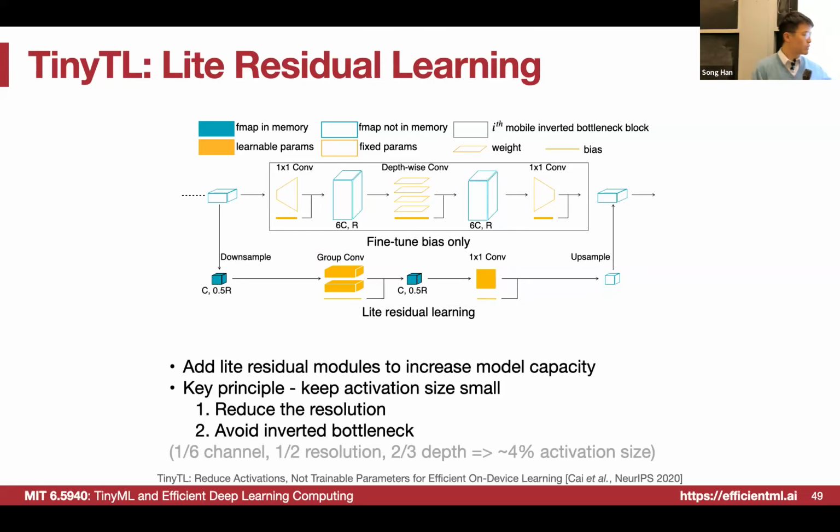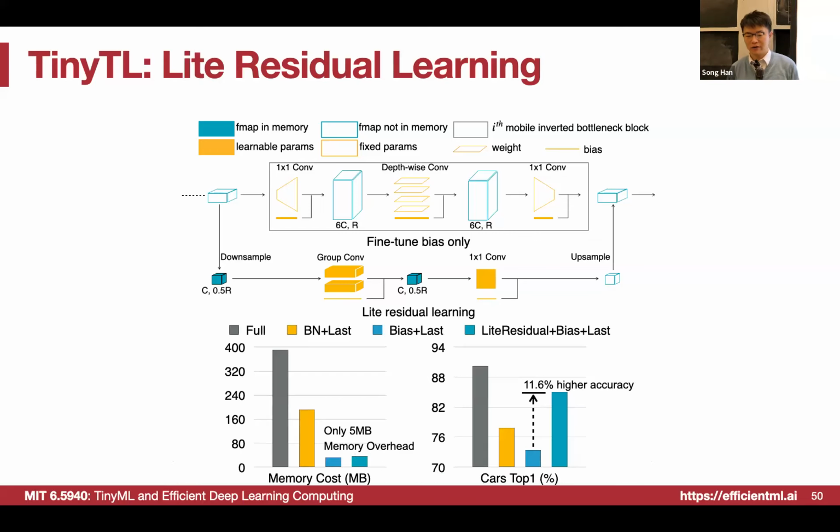So by avoiding the inverted bottleneck, we use 1/6 of the channels compared to the main branch, half the resolution, and only 2 layers rather than 3 layers on the top. So 1/6 of the channels, half the resolution, 2/3 of the depth. Multiply them all together, it's only 4% of the activation size. Pretty small overhead, but it adds enough capacity to recover the accuracy.